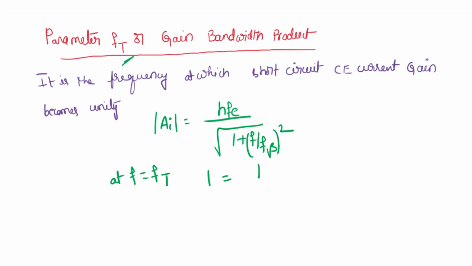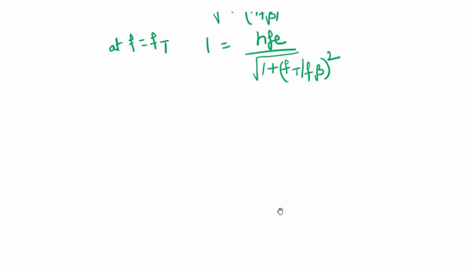1 is equal to HFE by root 1 plus (Ft by F beta) whole square. It implies 1 plus (Ft by F beta) whole square is equal to HFE square.